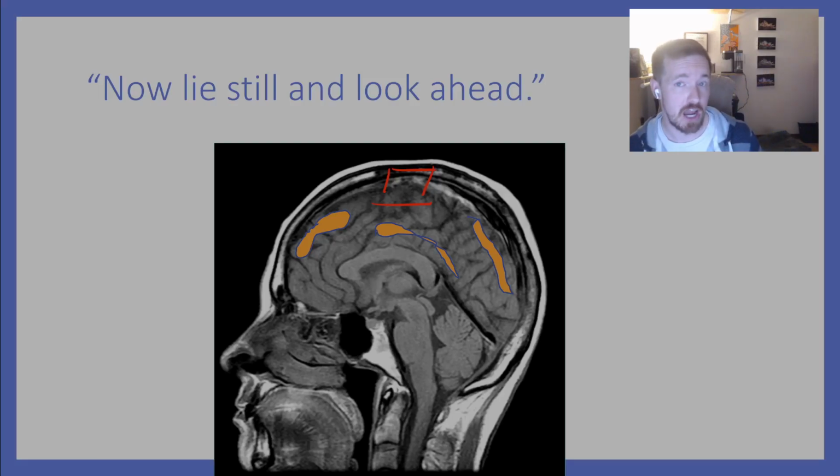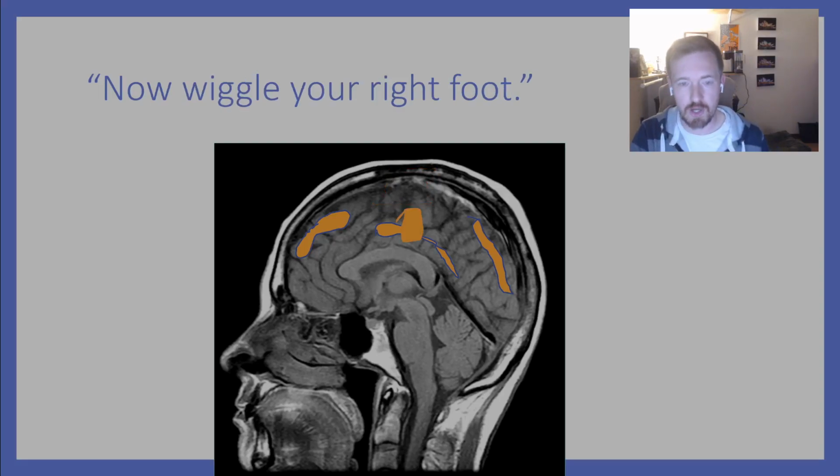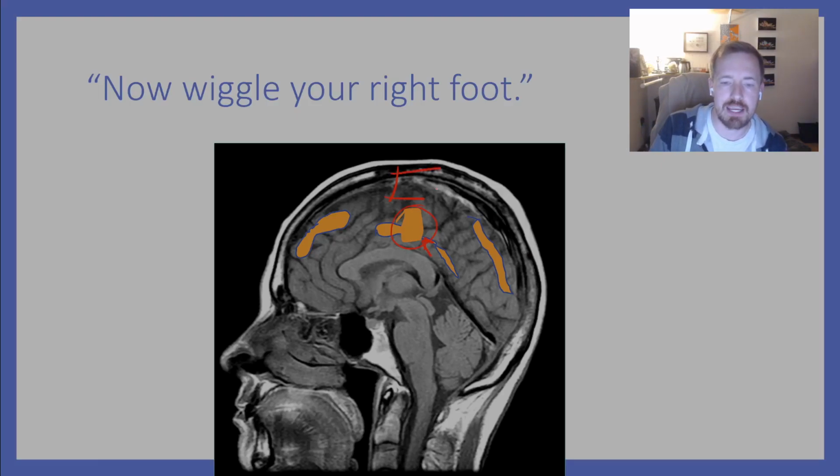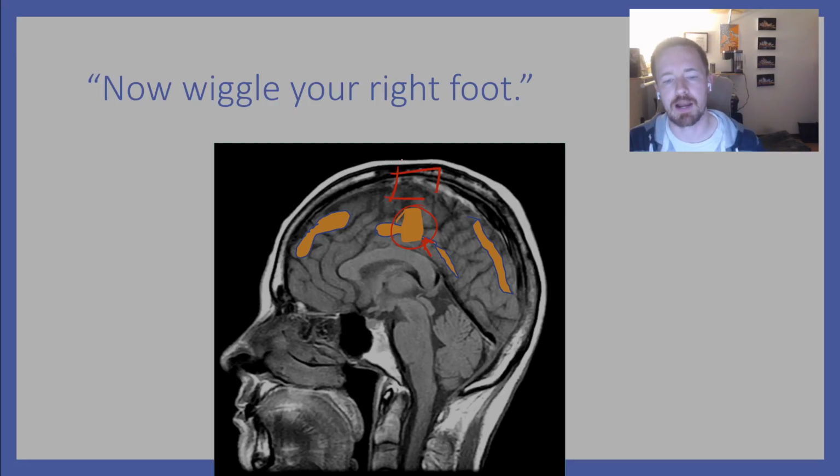But maybe it's just shy, maybe it's related to something else, maybe that area is active no matter what part of our body moves. We need to control for that. So maybe our next instruction will be, we want you to wiggle your right foot now. And now you can see that this area right here is active, right? So it wasn't the same area right here, which we were suspecting might be for our hand movement.